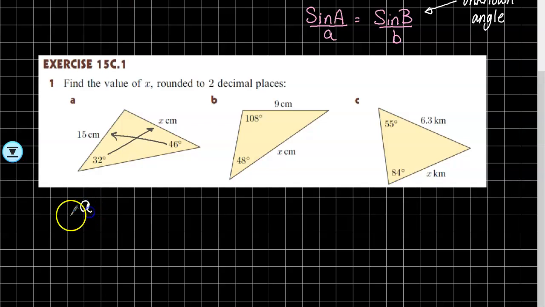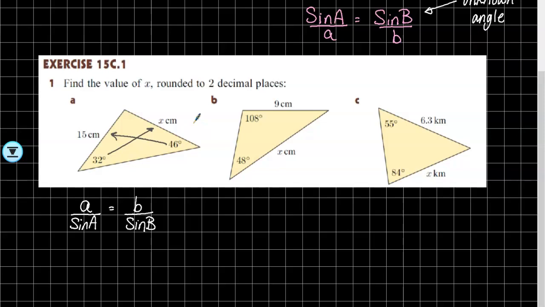I have to force myself to write the formula, but better had. Be a good mathematician. Now, I've chosen to go A over sine A and not sine A over A because, again, I'm trying to find a length. So keep my unknown upstairs. Do I care which one's A, B, C?